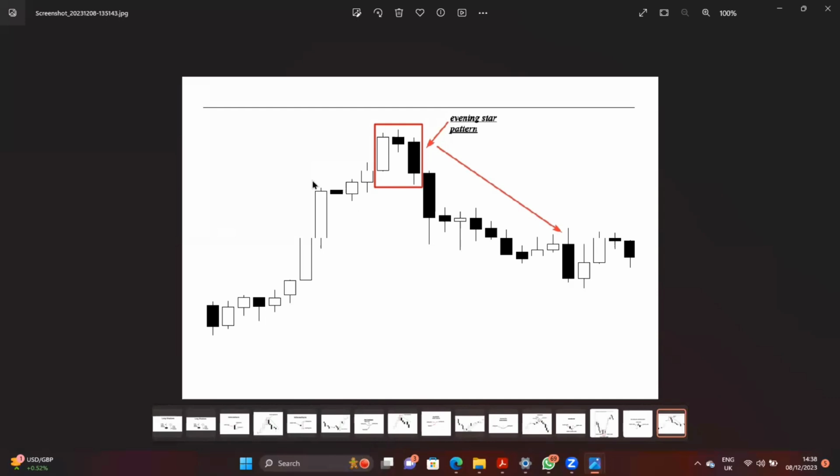I talked about the morning star, and we talked about the evening star. To refresh your mind, we are still on candlestick patterns. We started off from bullish engulfing candlestick pattern to bearish engulfing, and then we talked about the doji. Then we looked at today the dragonfly doji, the gravestone doji, the morning star, and we are wrapping up this section with the evening star.